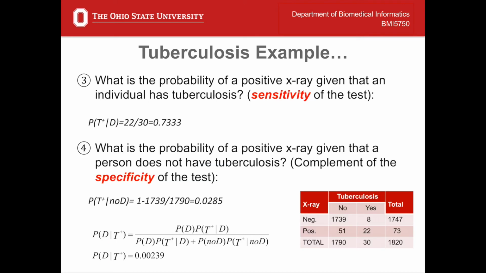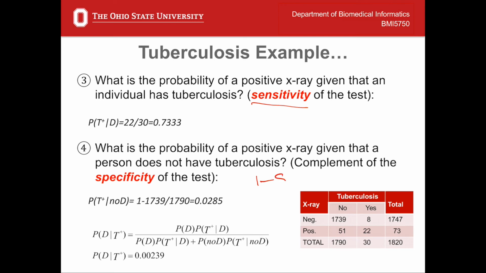The third value we want to calculate is the probability of a positive X-ray given that an individual has TB. This is the sensitivity of the test. We can calculate sensitivity from the two-way table. The fourth value we want to calculate is the probability of a positive X-ray given that a person does not have TB.